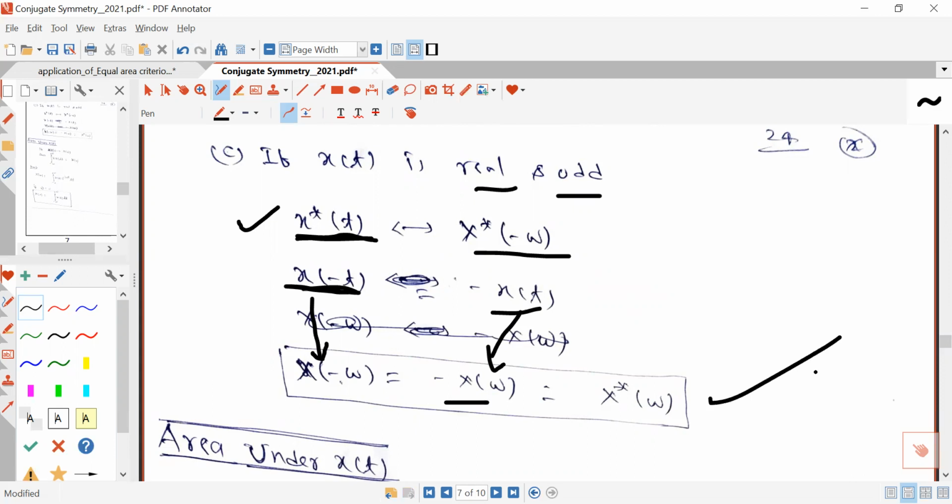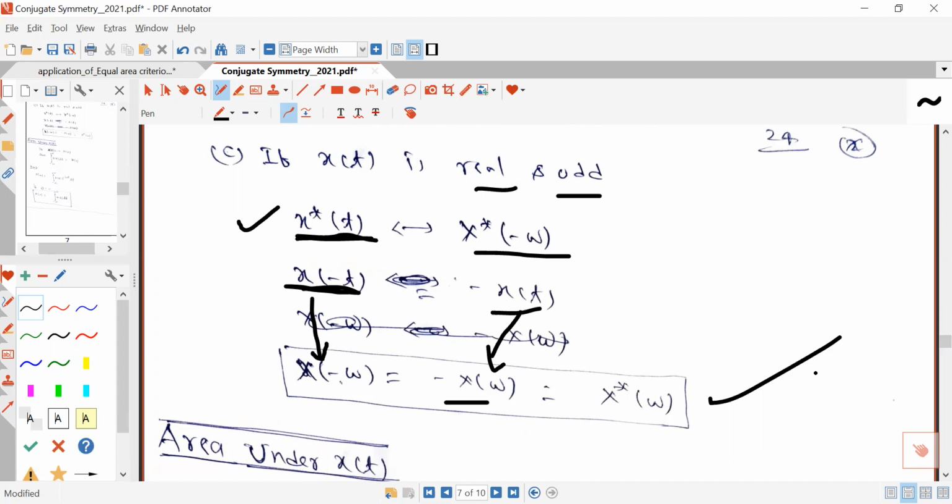So this discussion is basically about what happens when you know the Fourier transform of x(t), what the Fourier transform of its conjugate will be, what happens if the signal is real, and what happens when the signal is real and even, and real and odd.